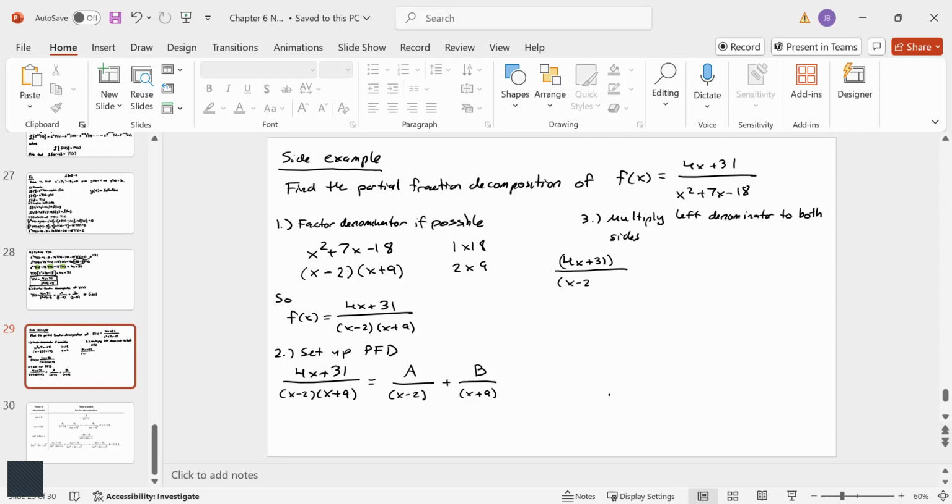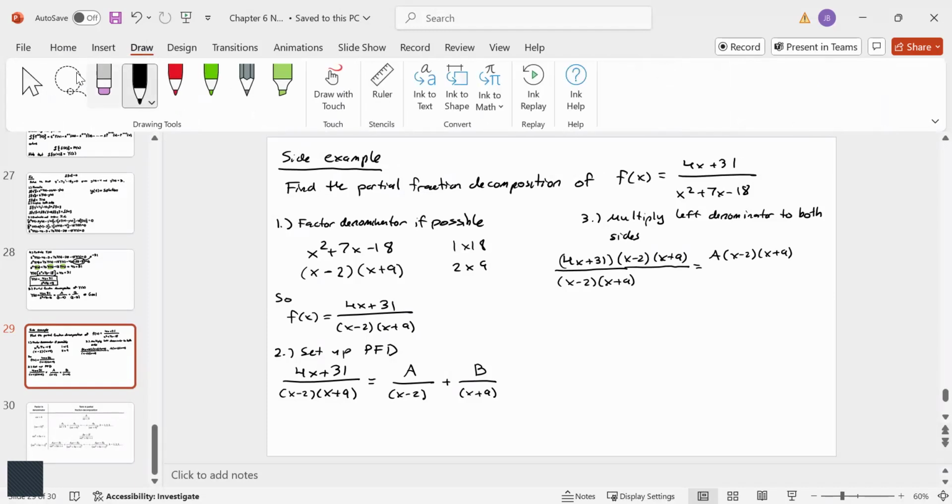So x minus 2, x plus 9, and so we get x minus 2, x plus 9 is equal to A times x minus 2, x plus 9. Like I said, I'm probably not gonna have enough space here. Hopefully I can move it over. And if you do this correctly, you should always have all the denominators cancel out. If they don't, you forgot something because they kind of have to, just by the design of this technique.